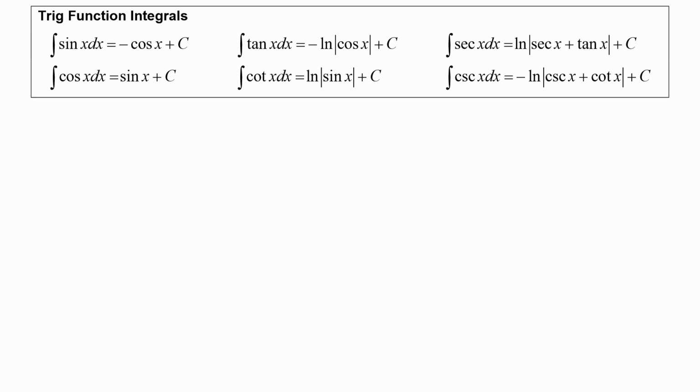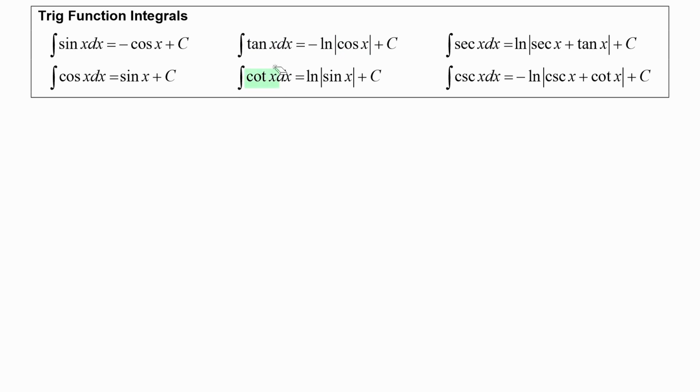Now you'll have to work hard to remember all of these and memorize the formulas, but there's a couple of tips I can give you that help me remember. I know that these are natural log functions, and so the integral had to be set up as a du over u. And for tangent, I know the denominator is cosine, so that's who's going to be inside the log function.